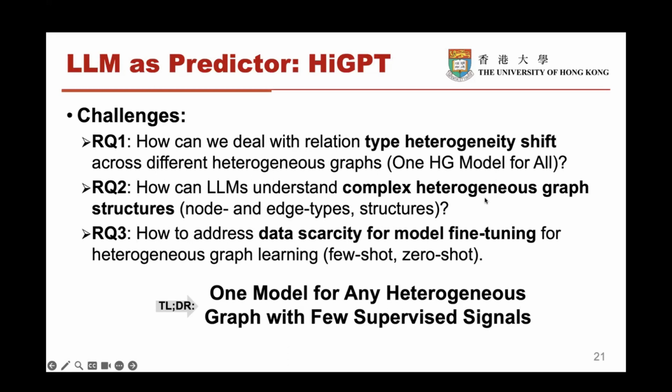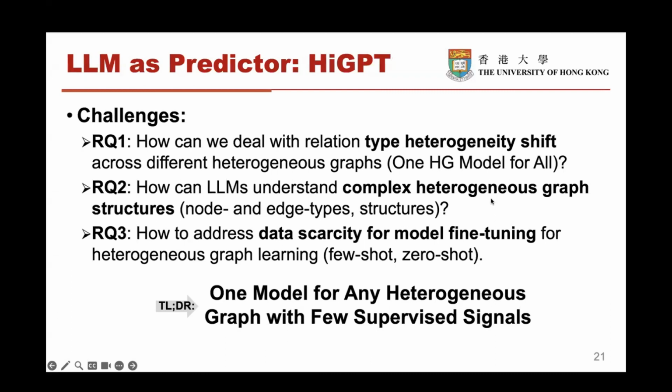But in an Internet Movie Database heterogeneous graph, the node types may be movie, director, and actor. The existing heterogeneous graph models are independently built on different heterogeneous graphs, which makes zero-shot heterogeneous graph learning impossible. So can we build one model for all heterogeneous graphs?